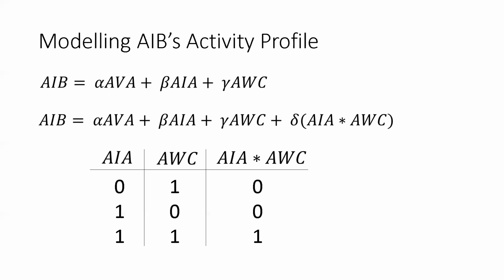But these models are only really useful if AVA, AIA, and AWC are the main sources of activity in AIB. If there's another neuron at play, these models wouldn't be very effective.